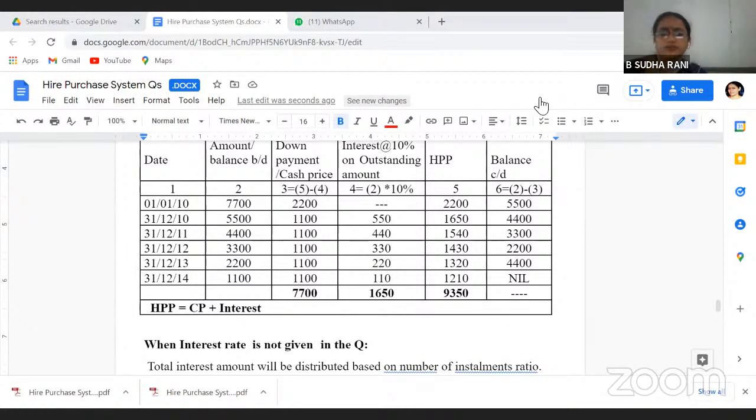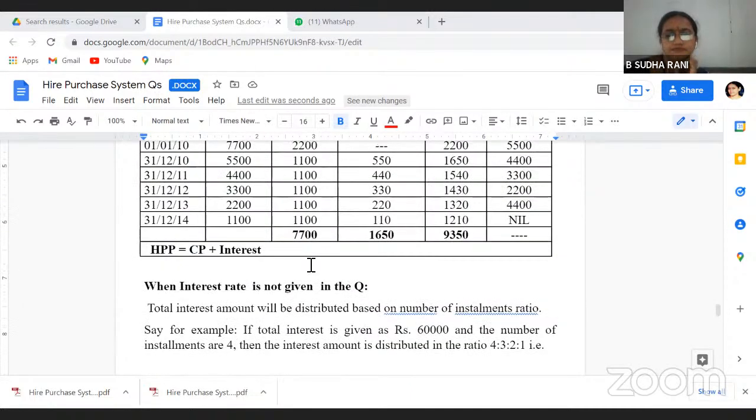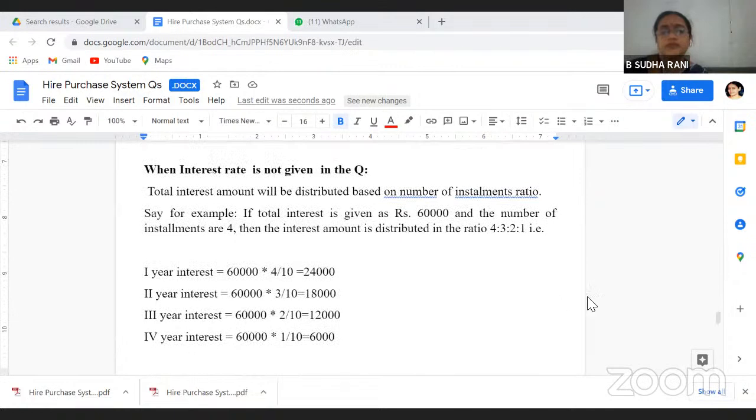Did you understand? You can chat in the chat box. You can reply.